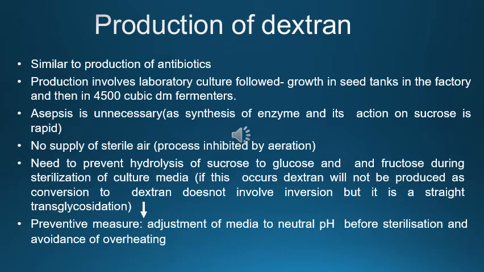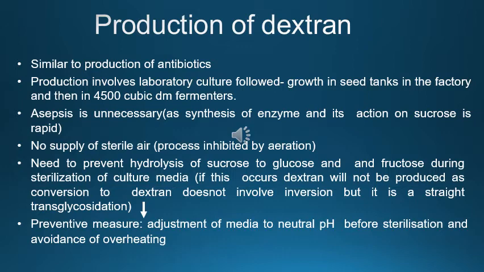One important thing is that we generally sterilize the culture medium before introducing the organism, and there are chances that during the sterilization the sucrose present in the medium may get hydrolyzed into glucose and fructose.